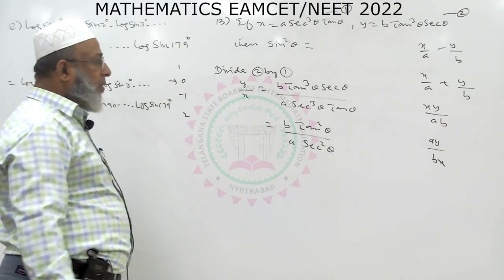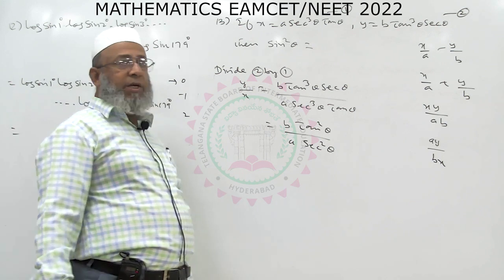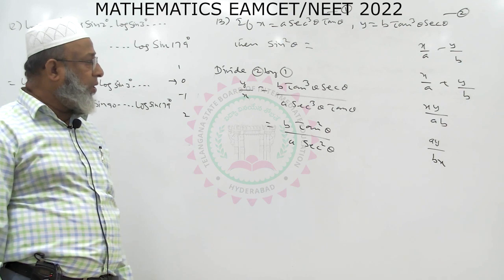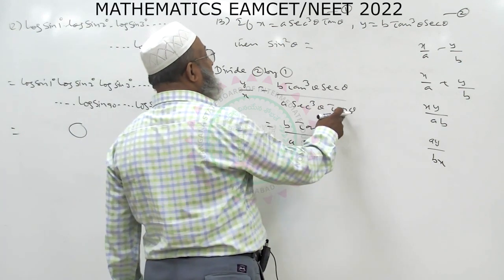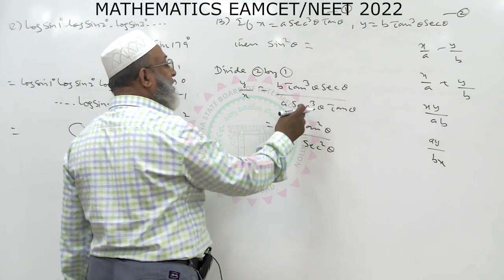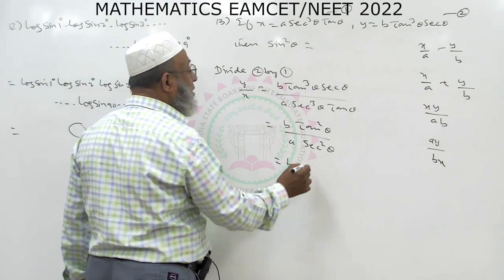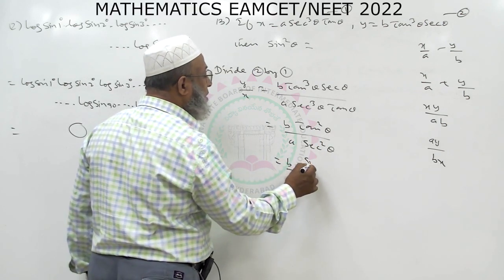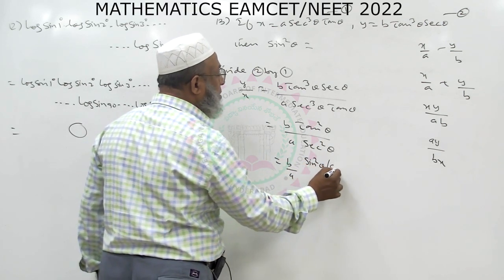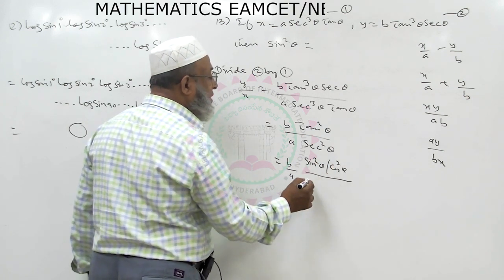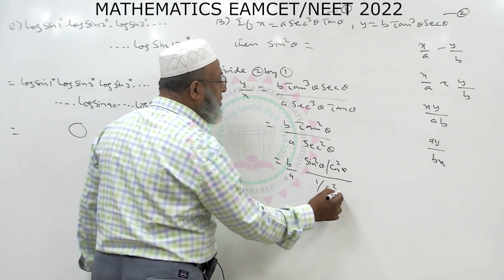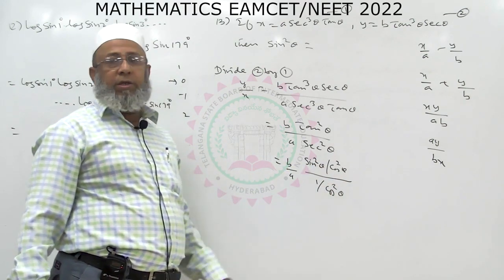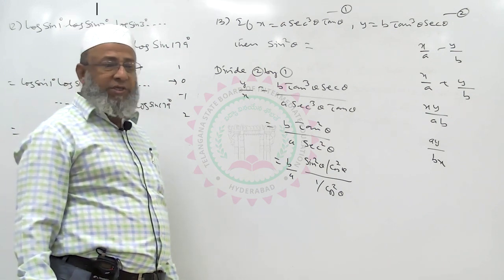Right? So, sec square theta minus tan square theta is equal to 1. So, tan cancels, sec cancels. So, b by a, b is nothing but sin square theta by cos square theta. This is nothing but 1 by cos square theta. Now, you see that this cos square theta is common in the denominator, so they cancel each other.